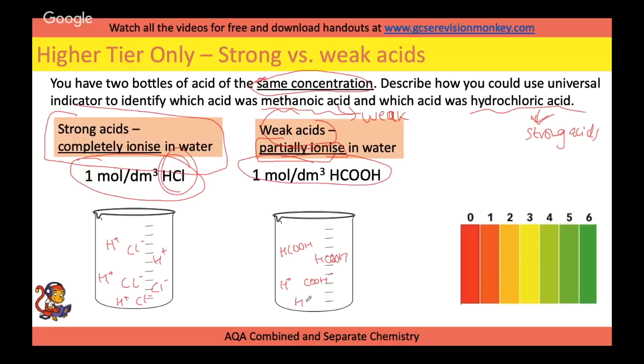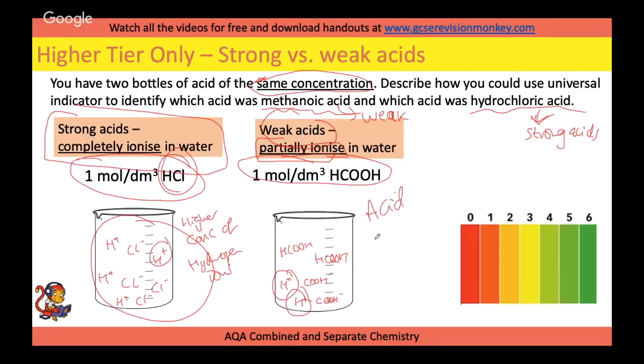So as a result of this, because this one completely ionizes, you've got a higher concentration of hydrogen ions. And in this one, you have a lower concentration of hydrogen ions. And as you know, what makes an acid is the fact that it has hydrogen ions.